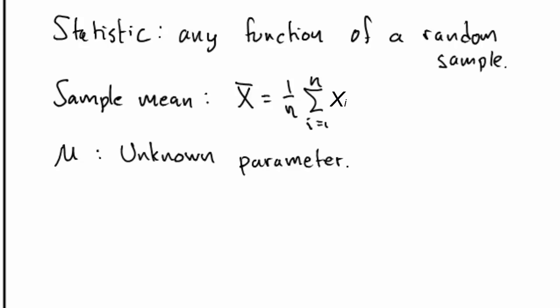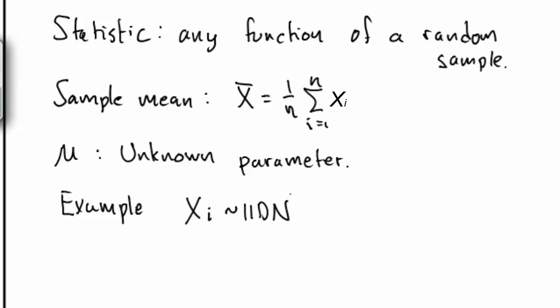For a concrete example, I could have a random sample where xi was IID normal, independent, identically distributed, all of them following a normal distribution, all of them having an expected value mu, which is not known. And in this example, let's say that we know that the variance is 1, so that there is only one unknown parameter. Mu is the only missing piece of information here.